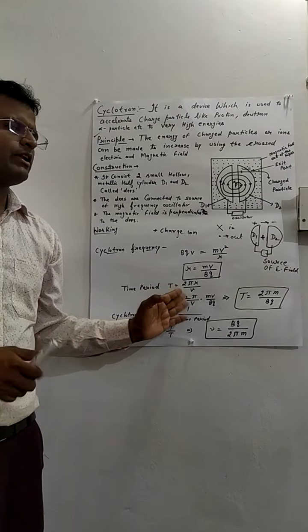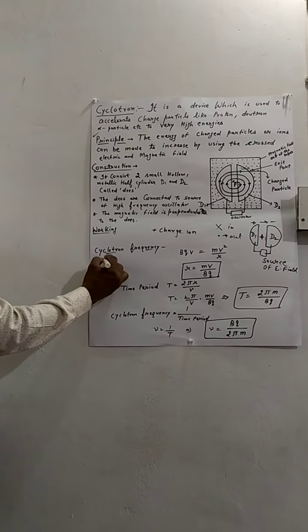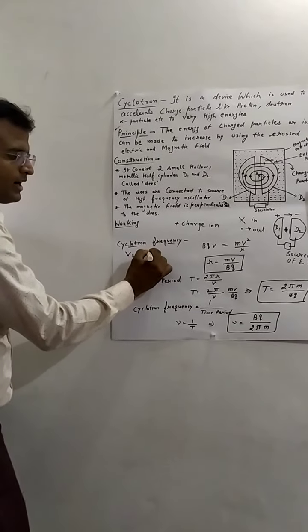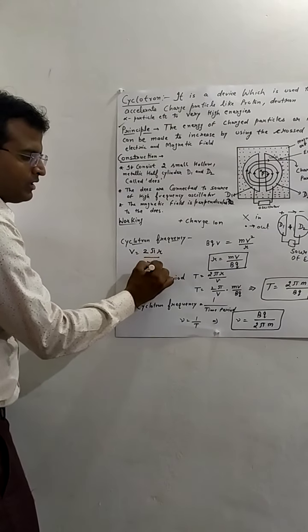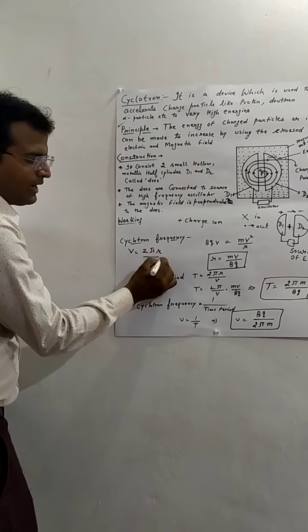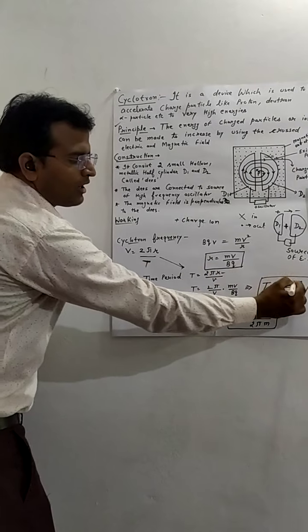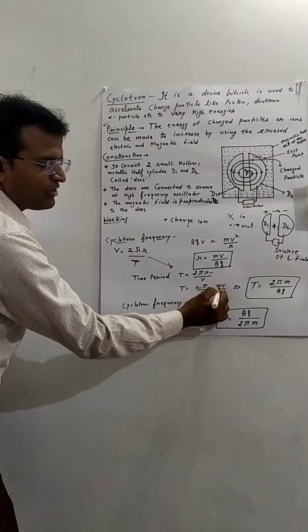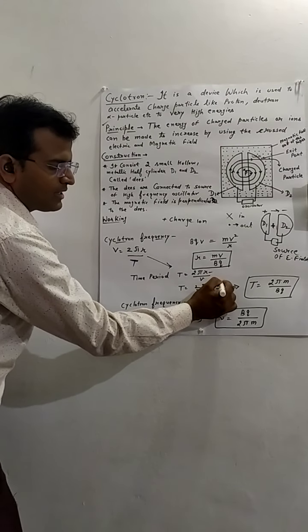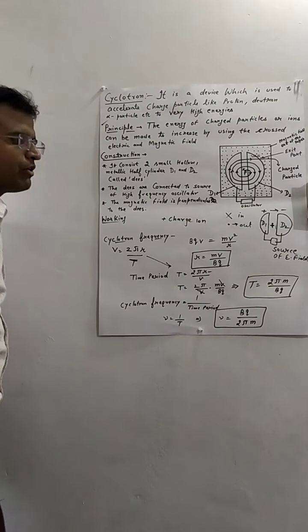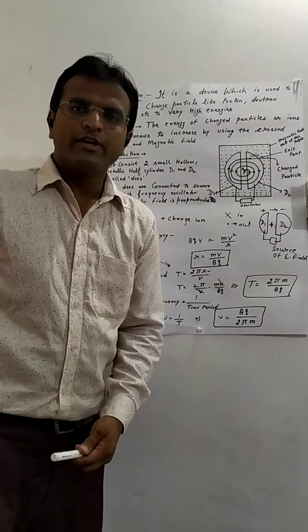So v equals 2 pi r divided by T, and T equals 2 pi r by v. Put the value of r as mv by BQ, v cancels with v, so that T equals 2 pi m divided by BQ.